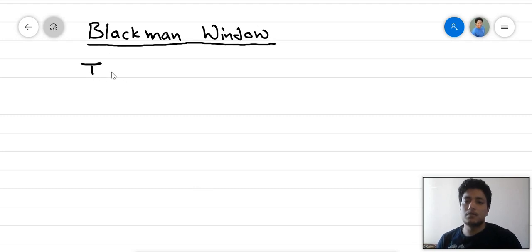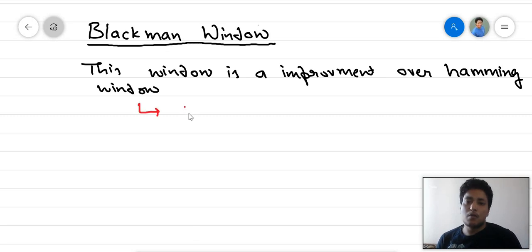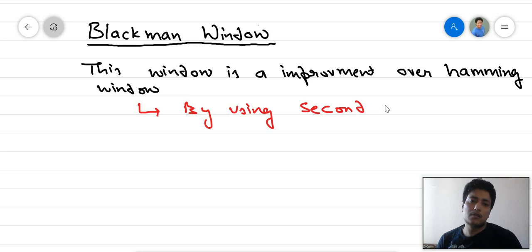This window is an improvement over the Hamming window by using the second harmonic of cosine in the function.